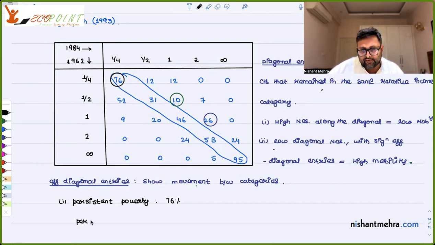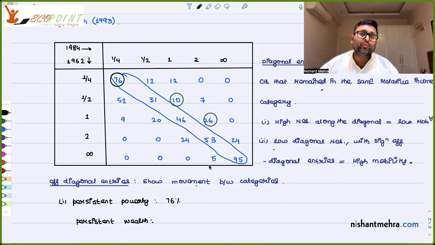And there is persistent wealth also, which means what? 95% of the countries who were earning more than twice the world average in 1962 are still earning more than twice the world average in 1984.